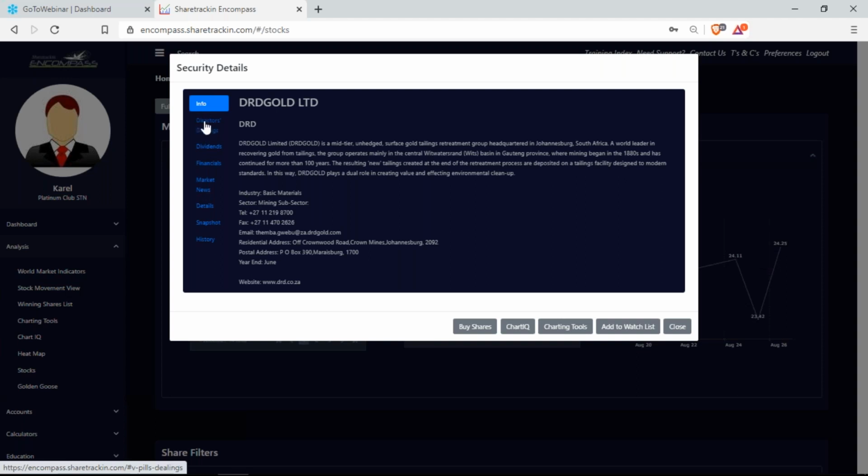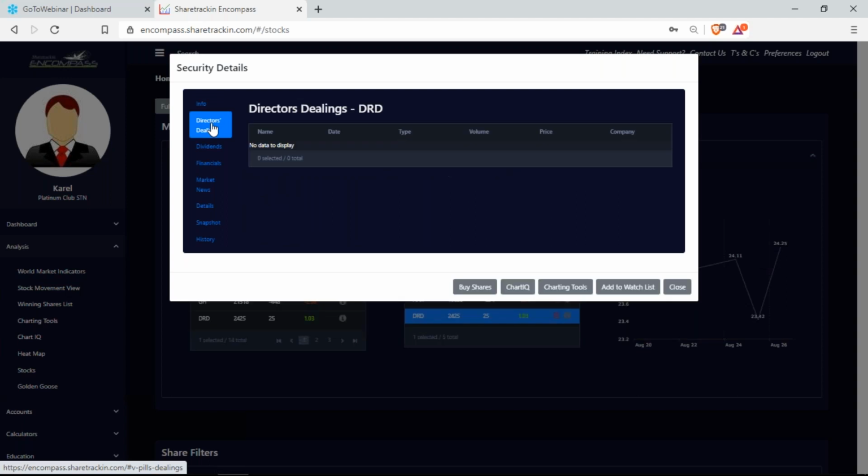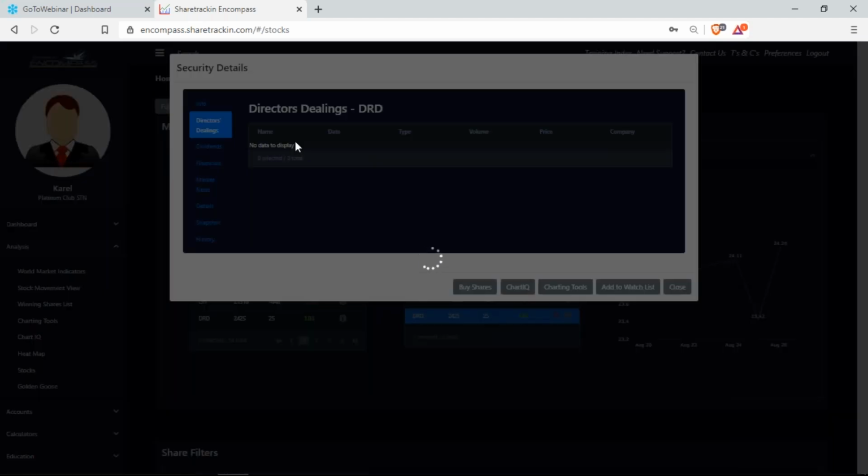If I look on the left-hand side, I'm currently at the info tab. If I go to the director dealings tab, I can see what the directors are doing in this company. So are they buying, are they selling? I can also use this to my advantage to know whether there's a problem in the company or not.